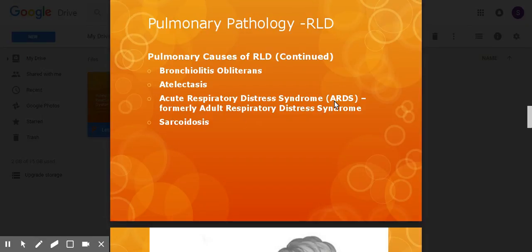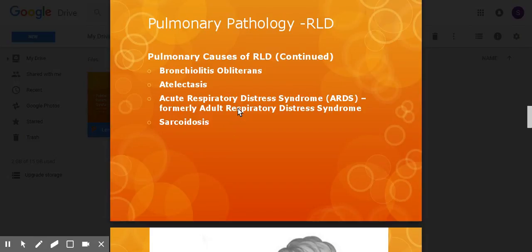Acute respiratory distress syndrome, ARDS, as I had said earlier, was formerly known as adult respiratory distress syndrome, and is now referred to as acute respiratory distress syndrome. It is a result of an acute lung injury causing alveolar separation and fluid infiltrate changes so that the compliance of the lung tissue changes.